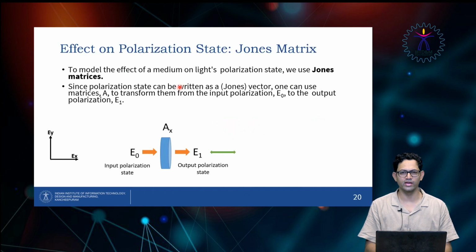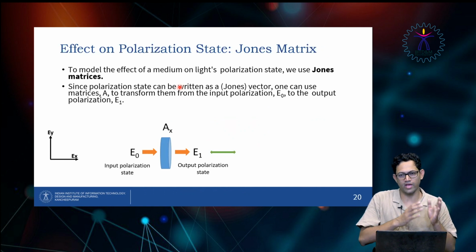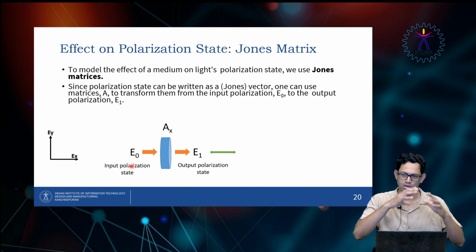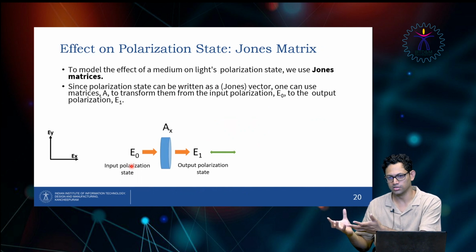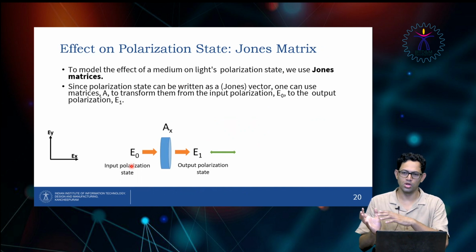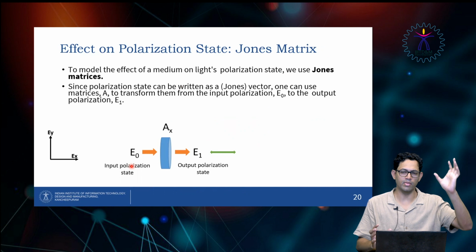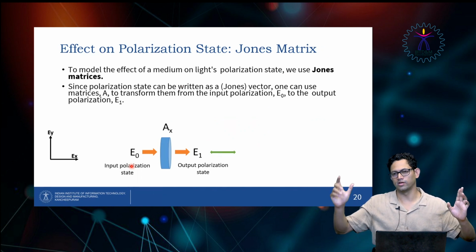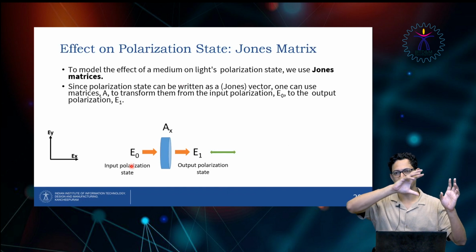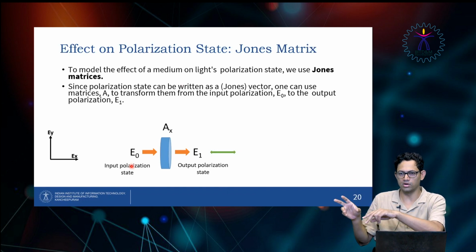Now I want to find, so what is happening over here? I have an input polarization and I am converting an input polarization into something which is output polarization. Okay, so I have input and output. Now if my input is a matrix of 2 by 1 and my output polarization is of matrix 2 by 1, now I need to convert a matrix of 2 by 1 to another 2 by 1 matrix.